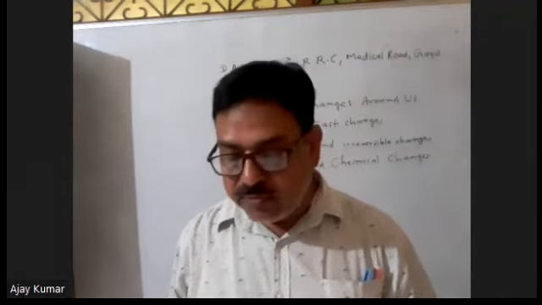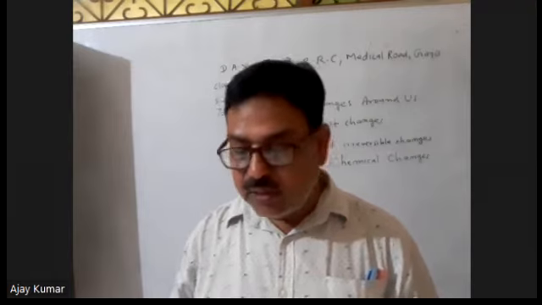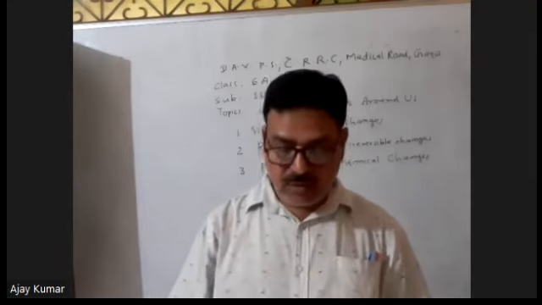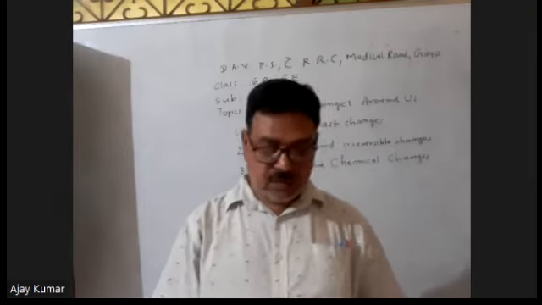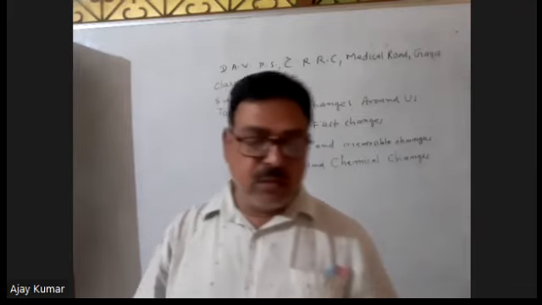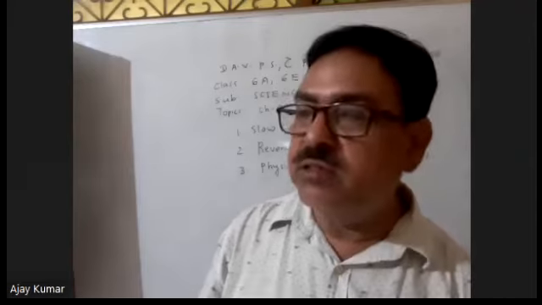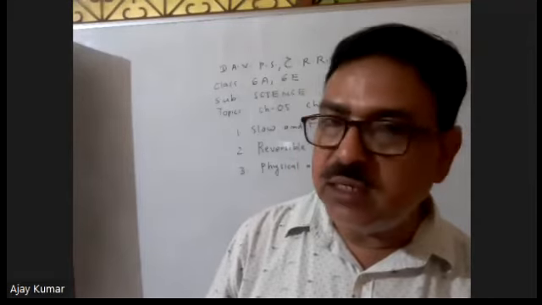Heating of sugar in a pan, chemical change. Lighting of an electric bulb, fast change and physical change. So in this way, we have come to know how to distinguish between slow and fast, physical change and chemical change.